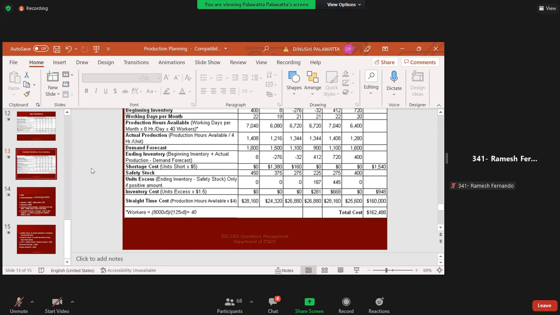It's not that. Safety stock is for when the demand during lead time goes beyond the estimated demand, then you have the safety stock to use. So that's all. Remember, safety stock is not for safekeeping. It is also in the inventory.